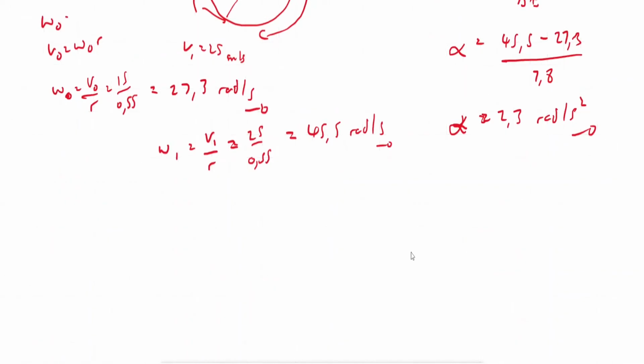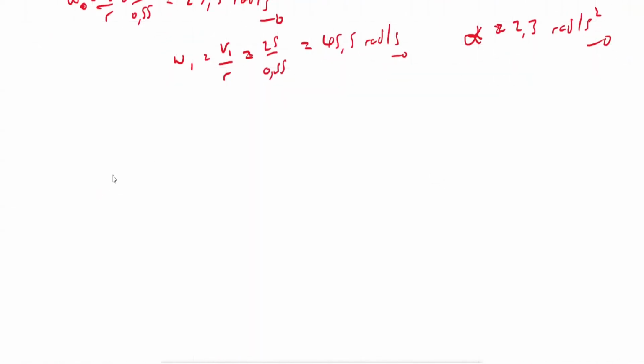Okay, so you could find a host of things. For instance, if I say what is a_R, maybe at point B, so you could find a_R at point 1. That is just going to be equal to V1 squared over R. If you didn't have V, you could say omega 1 squared multiplied by R. You could also use this one. You're going to get the same answer. It doesn't matter.